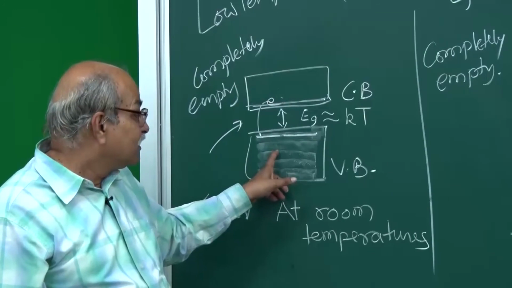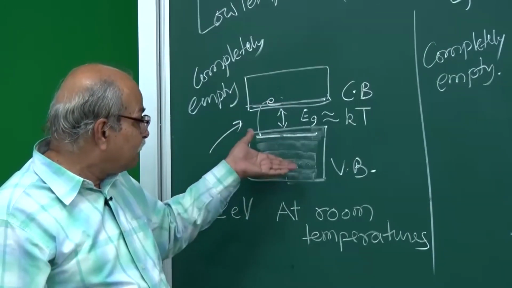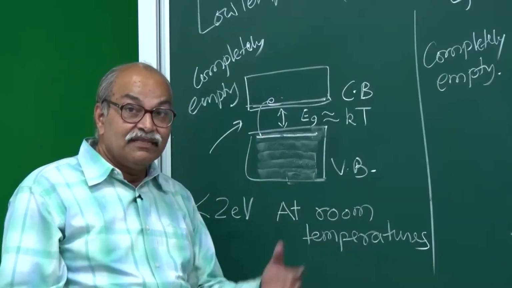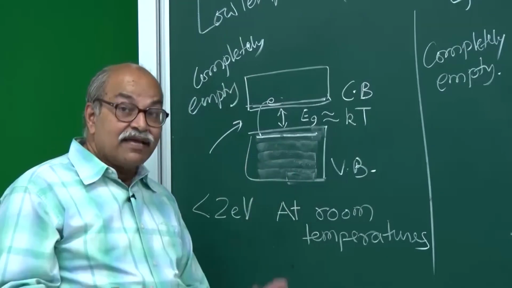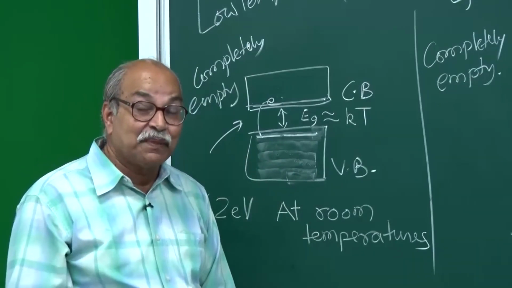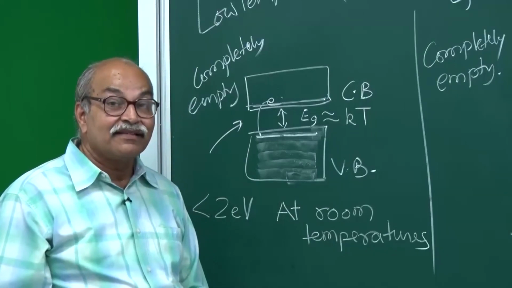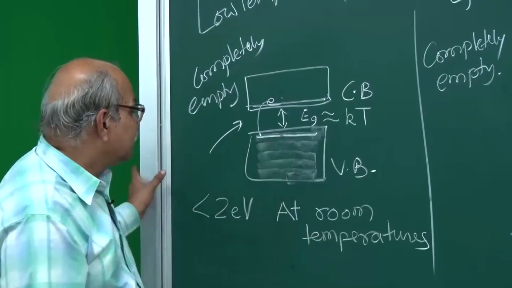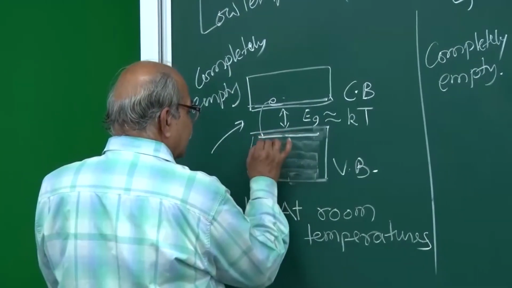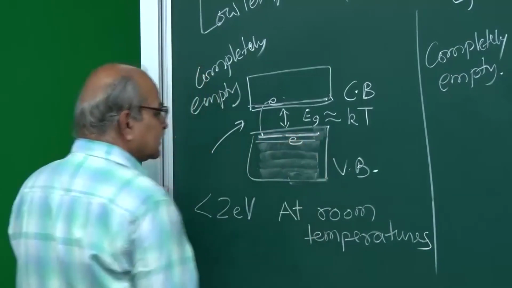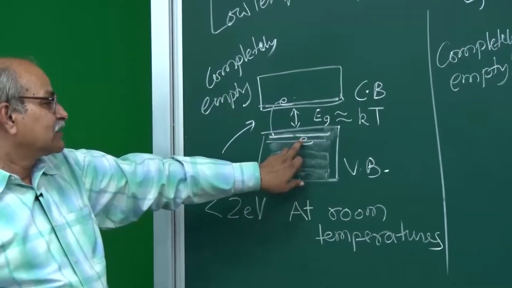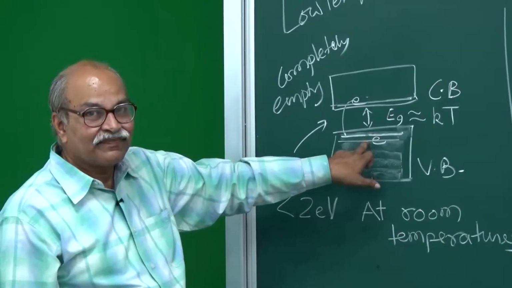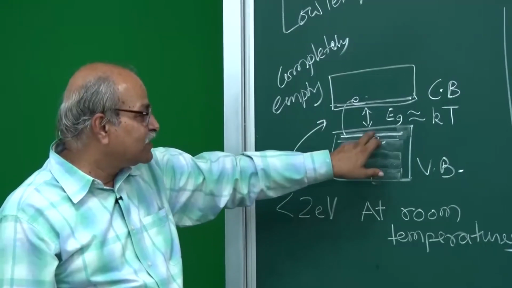But even the electrons in the valence band, at lower energy, can feel some pinch of that electric field and start moving in the crystal. How? If this quantum state is empty and there is an electron here and the electric field is there, this electron can accept that energy and fill this. Of course, this will become empty, but some kind of electron movement is possible.